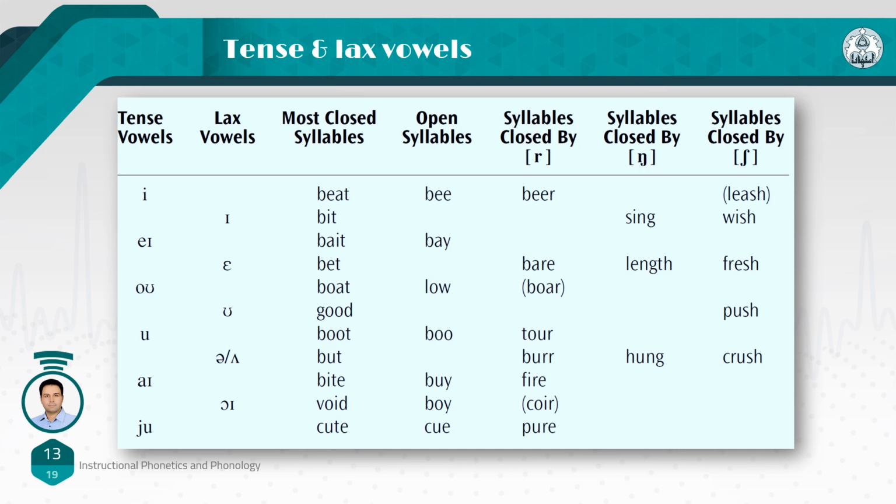Again, you see only some vowels can happen there. Syllables closed by ng, only three vowels can happen, like in sing, length, and hung. And the last column, syllables closed by sh, only three vowels can happen, like, for example, wish, fresh, push, and crush.